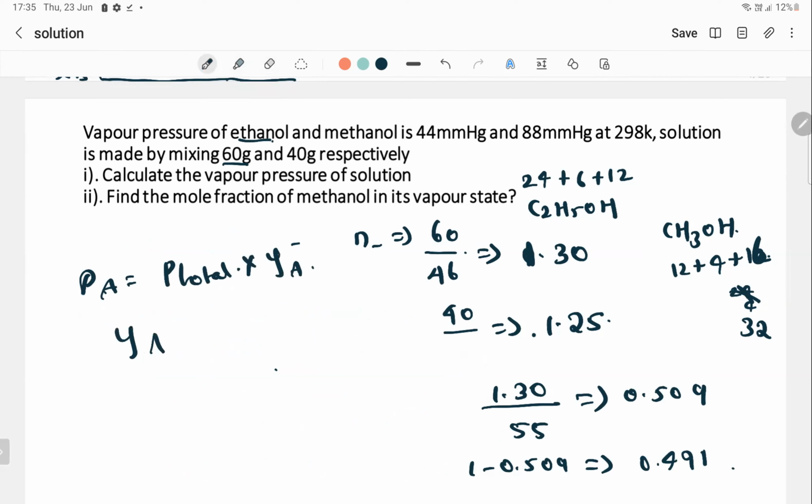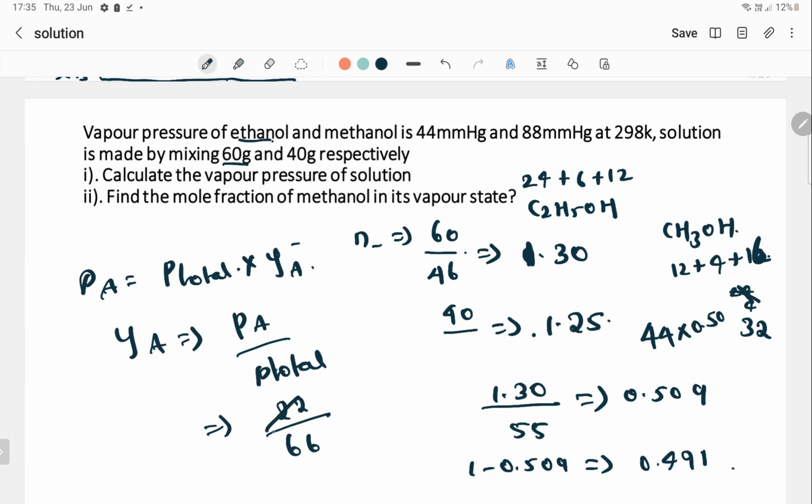PA is equal to P total into YA. So mole fraction of methanol: YA is equal to PA divided by P total. So what's our P total? 66. What is PA? PA is nothing but 44 into 0.50, so 22. 22 by 66 is 1 by 3, which means 0.3.